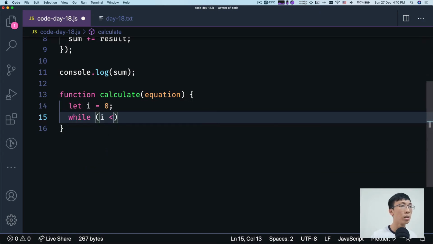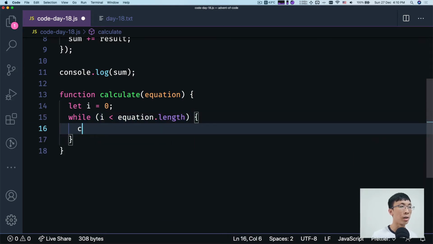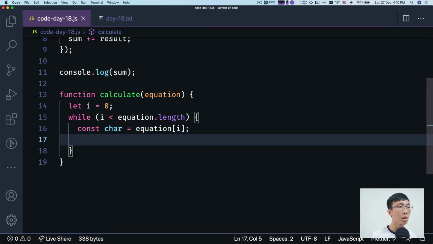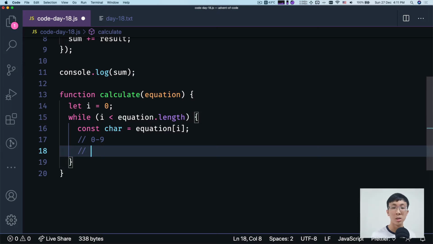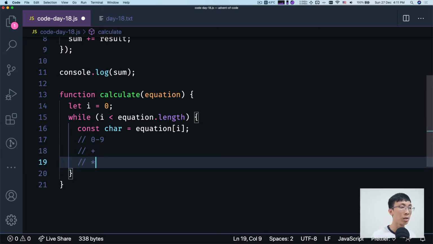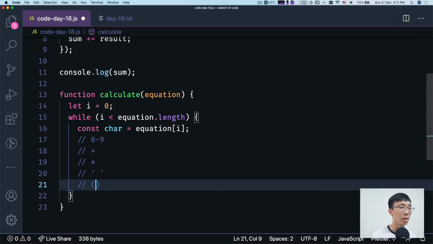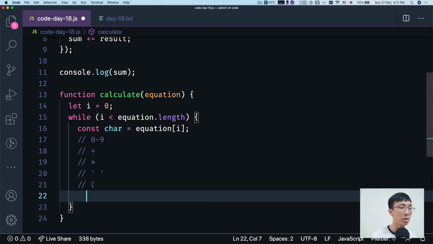While i is less than the length of the equation, I'm going to look at the character equation[i]. The equation can contain any characters, right? It can be numbers, 0 to 9, it could be plus, it could be multiply, it can be a space, and it could be brackets, opening brackets and closing brackets, right?